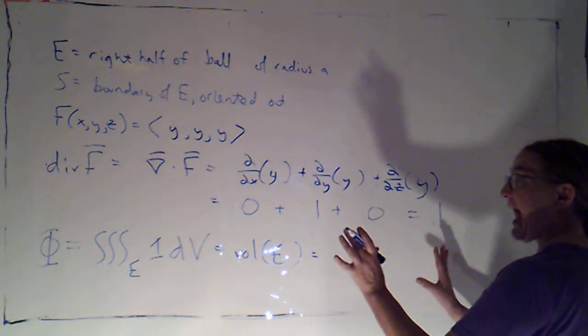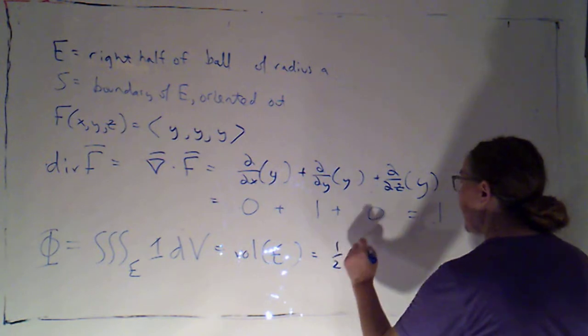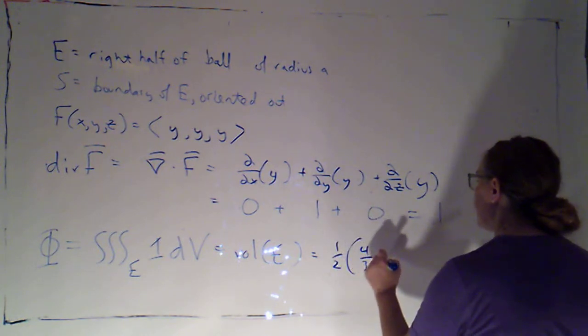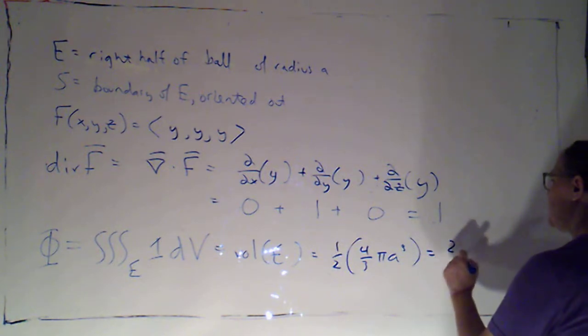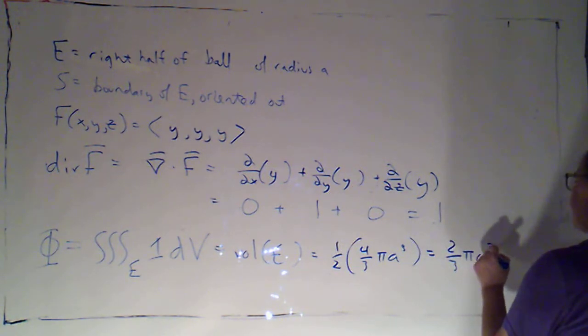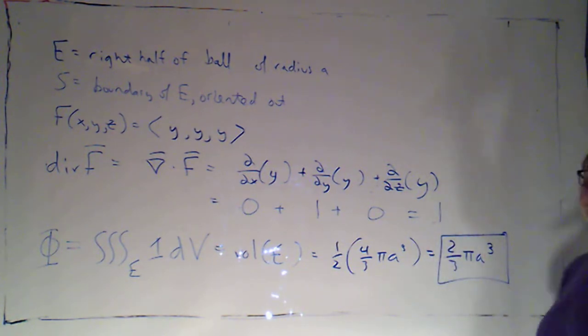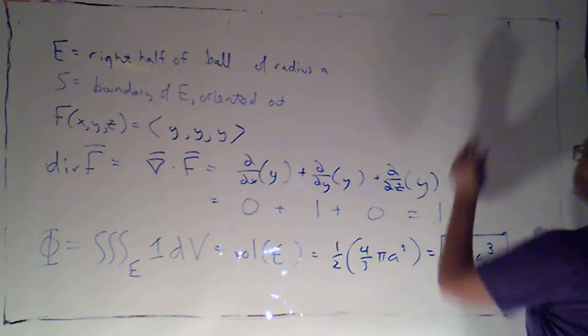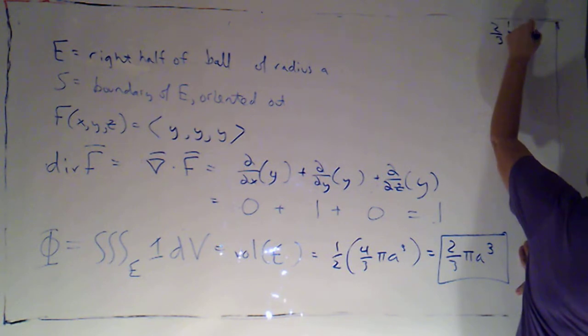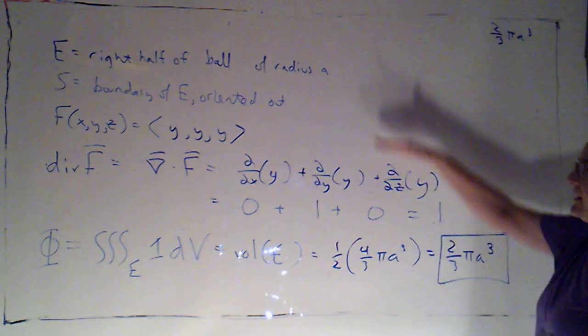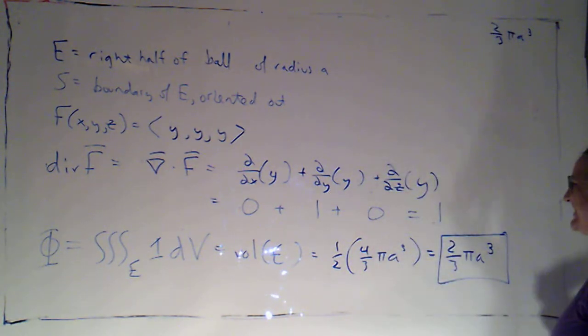So, because it was half of a sphere, it's going to be 1/2 of 4/3 pi times the radius cubed, but that's going to be 2/3 pi times a cubed. So that's the answer that we should get. I'm pretty confident there weren't a whole lot of places to make careless errors in this particular calculation, so I feel pretty confident that that's correct.